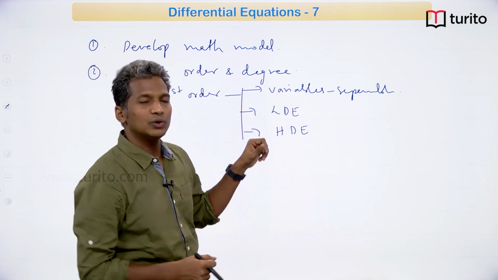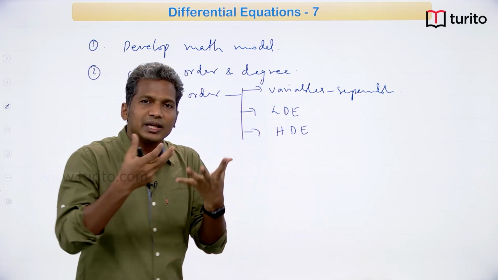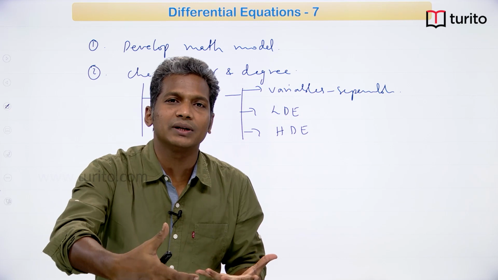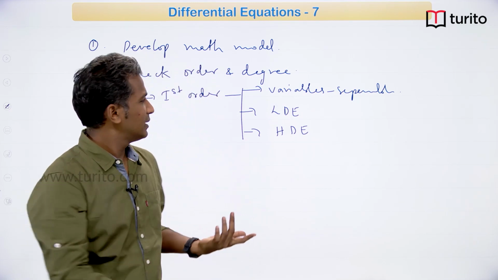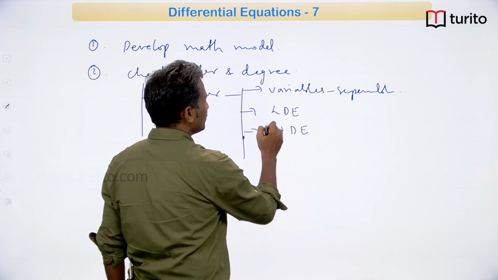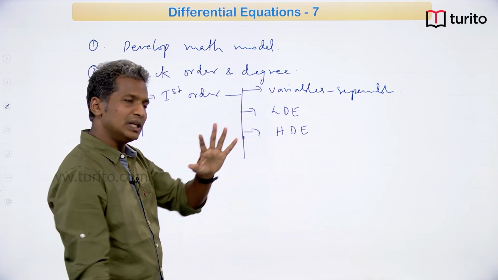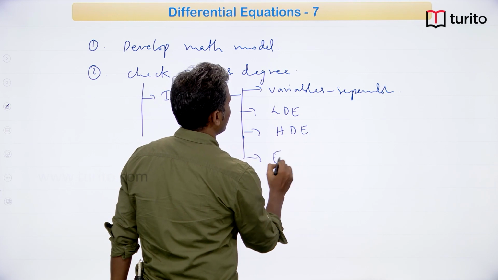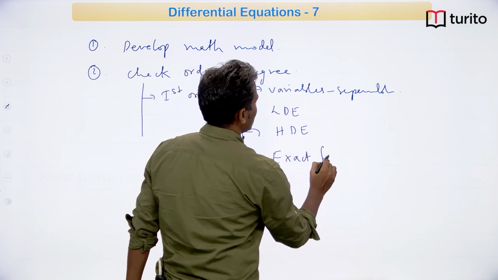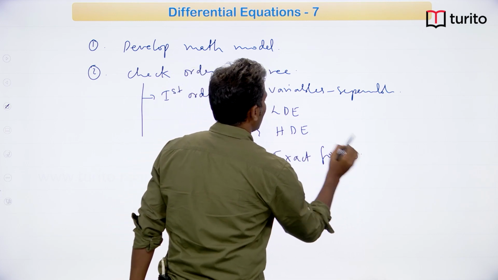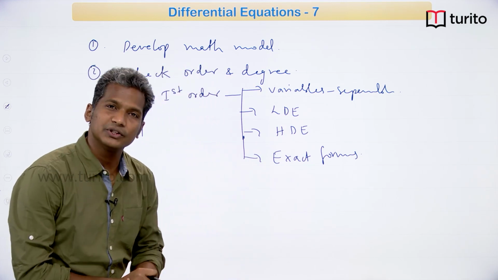If you look at the equation, you will see on the spot whether it is linear or not, because there is a standard form for these two. Only if these don't work do we go for the exact forms, because exact forms are generally time consuming and confusing also.